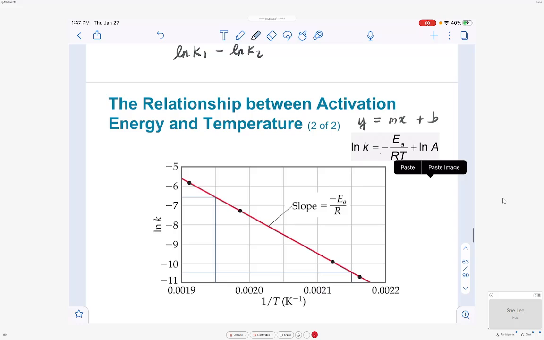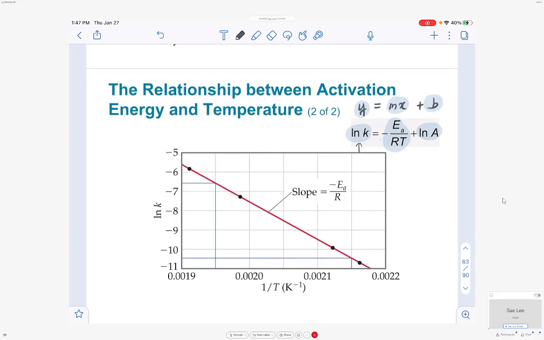Okay, so this portion is y, this portion is mx, and this portion is b. If you plot this graph of natural log of k versus, let me rearrange this equation. That negative sign will always be there no matter what.